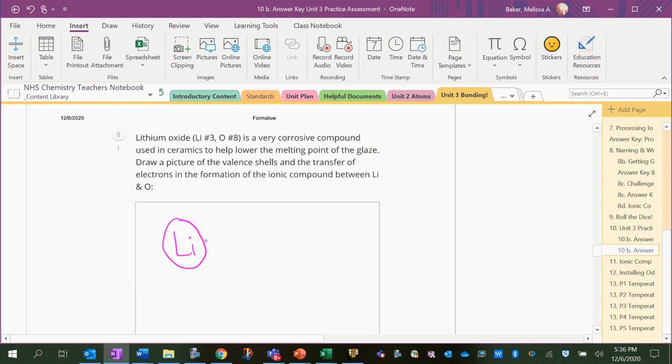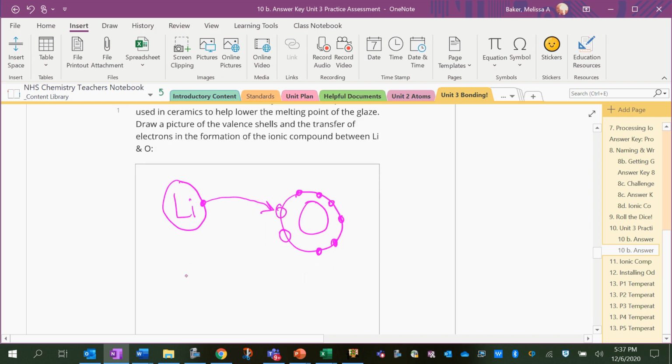So lithium, 1, oxygen, 6. So lithium would really like to lose 1 to be like helium, and oxygen would really like to gain 2. So 1 lithium is not enough for an oxygen. You need 2 lithium atoms to satisfy 1 oxygen.